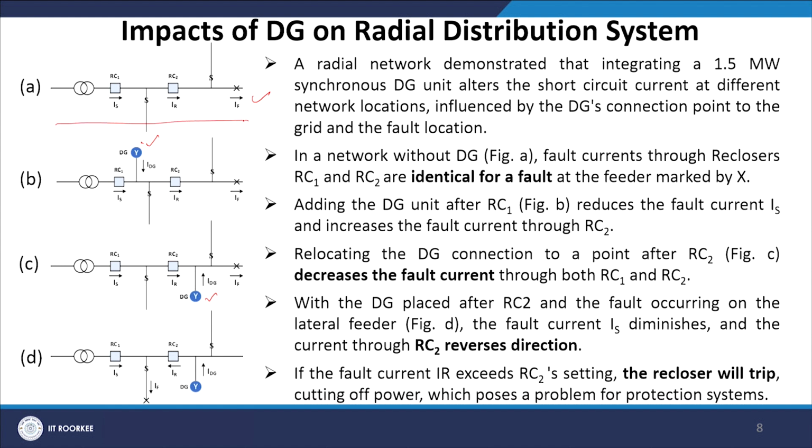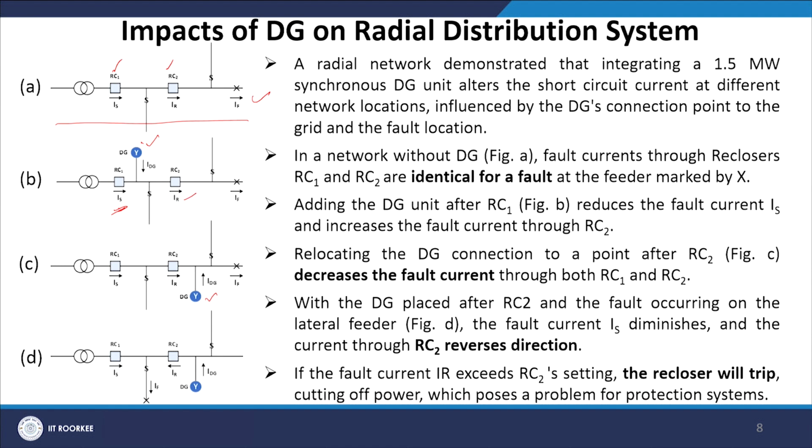In figure A, the fault current through reclosers RC1 and RC2 are identical for a fault at the feeder marked X. Now, if you add a distributed generation after RC1, as in figure B, it reduces the fault current IS and increases the fault current through RC2. Because of this, your IS reduces and the fault current through RC2 increases.